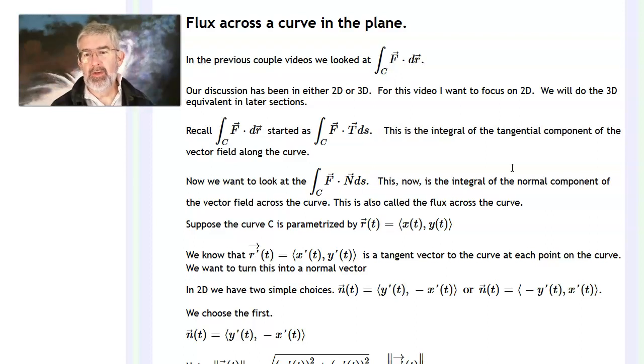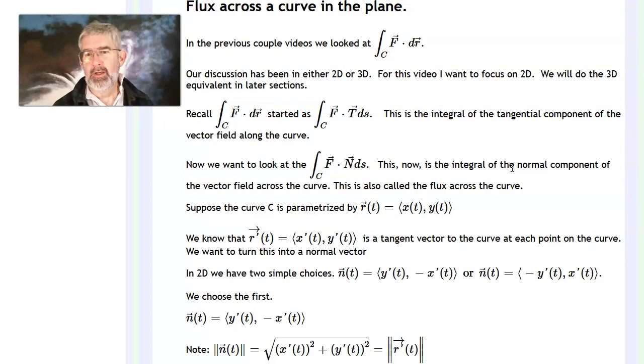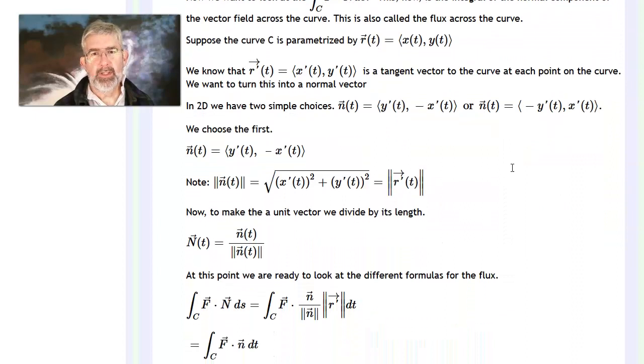So if x and y were both positive to begin with, then this is still positive and the negative ends up on the y component, right? So this one is the one that I want, and that's going to be my normal vector. That's not a unit normal vector. That's a vector exactly the same length as the tangent vector, r prime. So now I'm going to need to normalize it, make it a unit vector.